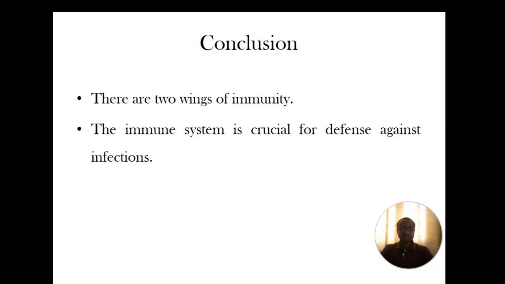When we come to adaptive immunity, it is specific. It responds specifically to that specific pathogen. They develop memory, and they have their own B cell and T cell production.